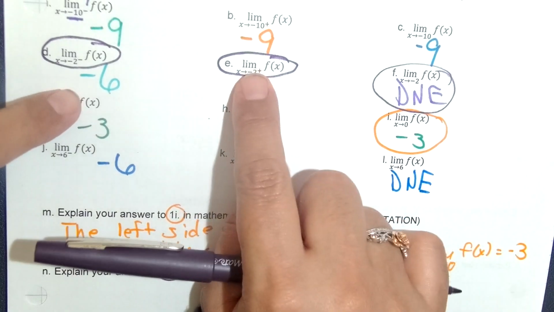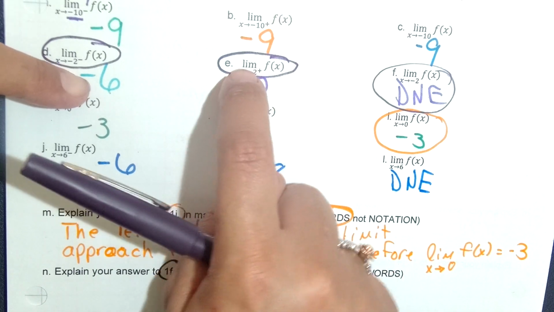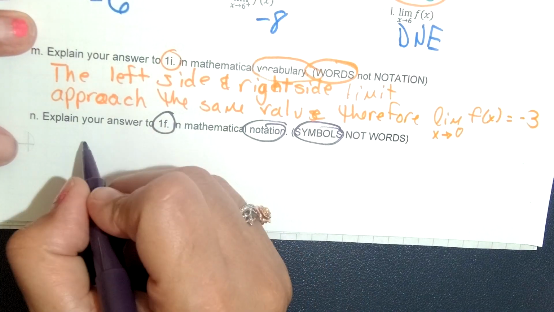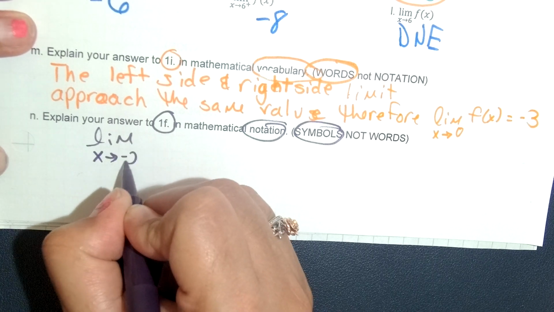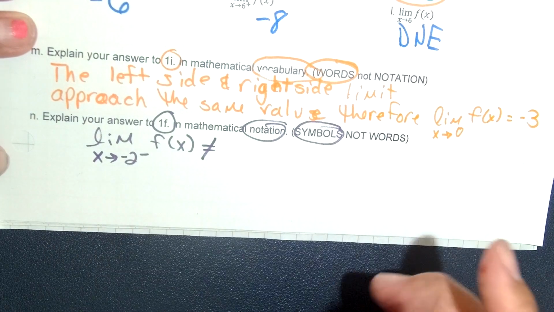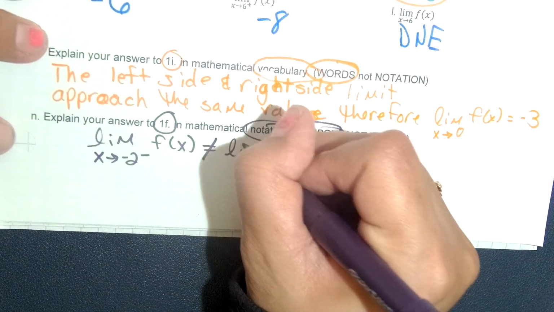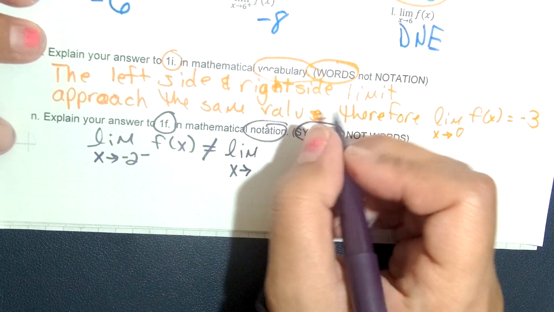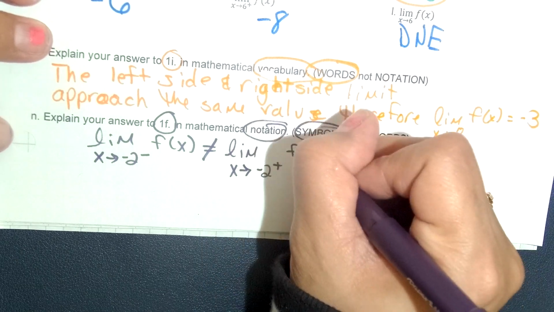Because we're looking at these two things, the notation is there. You don't even have to memorize it. You just have to know what it means. So the limit as x approaches negative 2 from the left of f of x does not equal, because are they equal? No. The limit as x approaches negative 2 from the right of f of x.